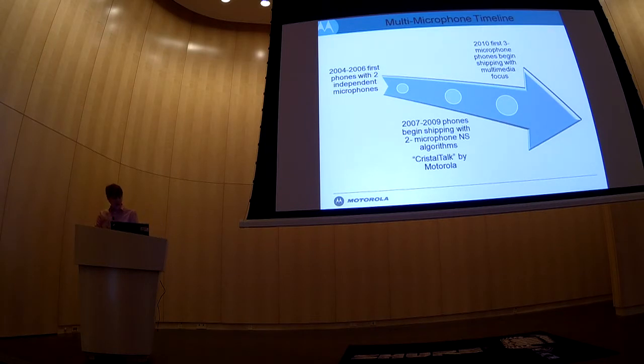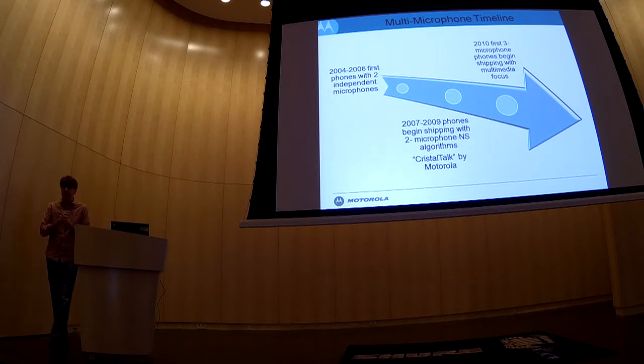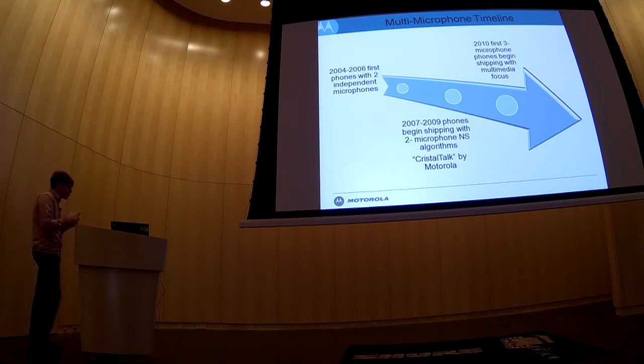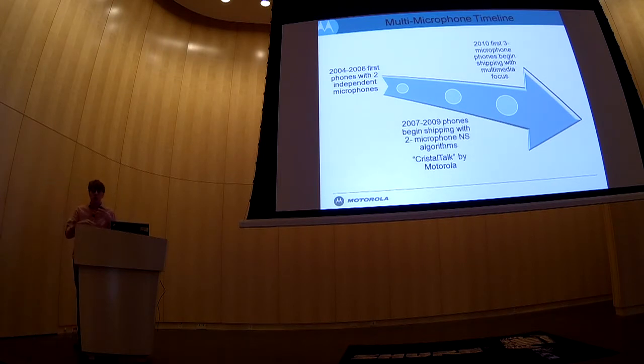Basically, up to about the 2004, 2006 time frame, everything that was sold on the market had one microphone. There was just no infrastructure, there was just no way to put more of these things in the devices, simply because there was no perceived need for it.